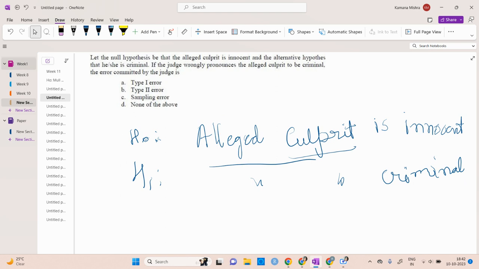So wrongly pronounces the alleged culprit to be a criminal when he is innocent. That means he accepted the H1. We do not say accepted an alternative hypothesis; we say rejecting the null hypothesis. So what he did is that he said it's criminal. Sorry.